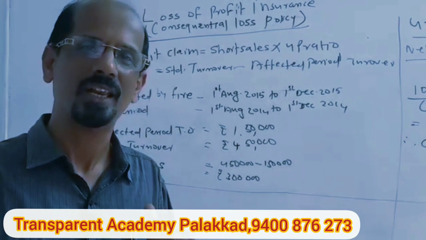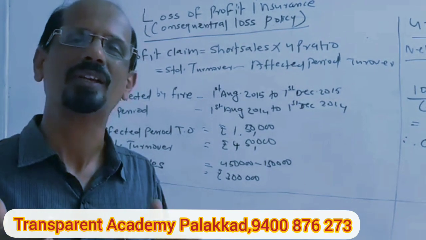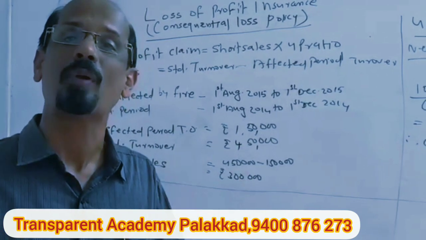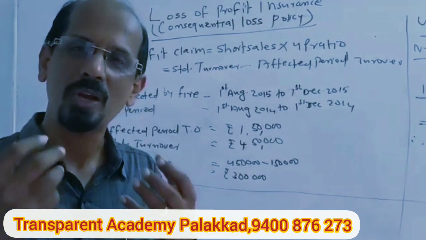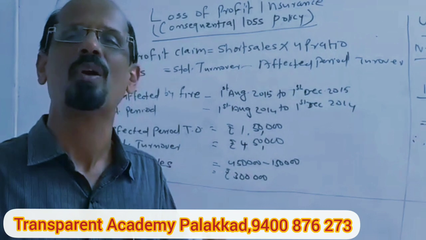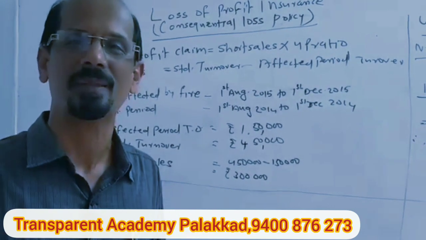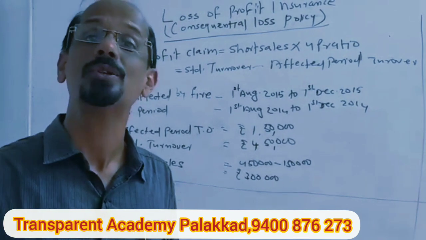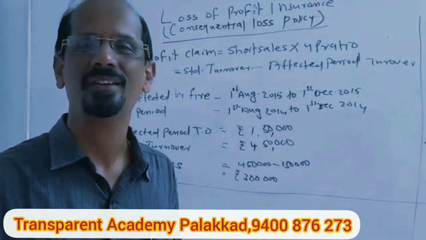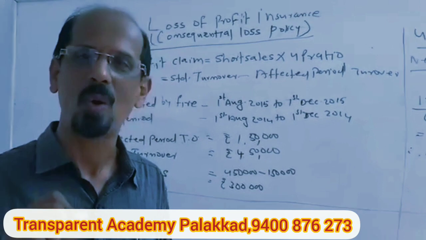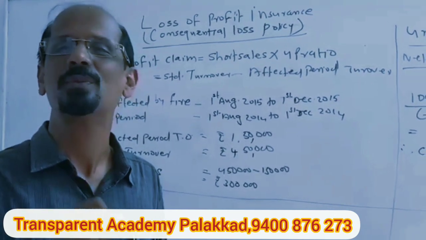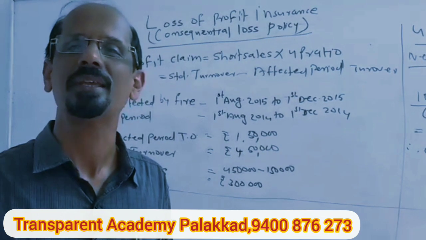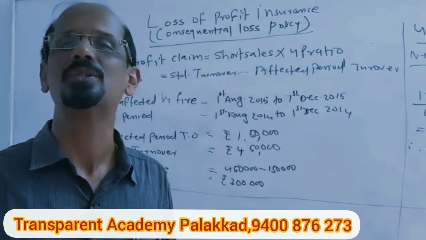So there is a loss in revenue, and naturally a loss in profit. To cover that loss of profit, we take an insurance policy. That policy is called loss of profit policy or consequential loss policy. Now we are going to discuss how claim is to be calculated in respect of this policy.